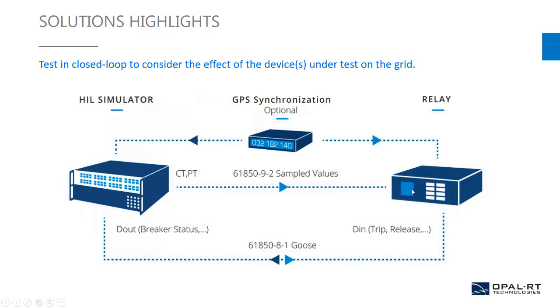You can also receive the response back from the relay that is going to impact the power system in your simulation, which in turn could have a various impact on the device under test, for it maybe not to trip at a moment where you would expect that it would trip. This is very important in testing protection relays and PMUs as well.